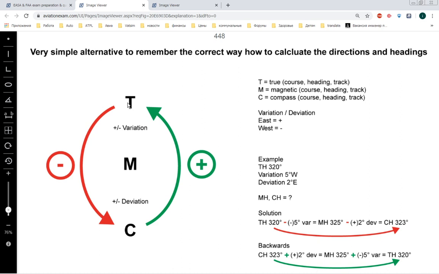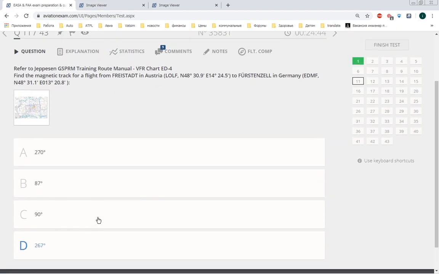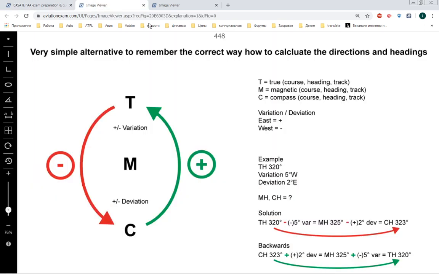So we have true, which is 270, and we have variation. 3 degrees east means plus 3 degrees, and if we do 270 plus minus 3, we can understand that it's 267 magnetic course.